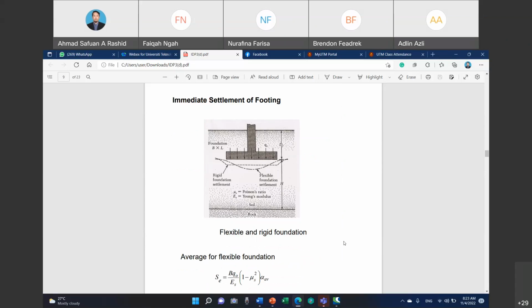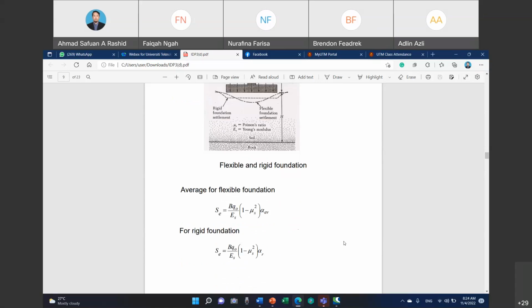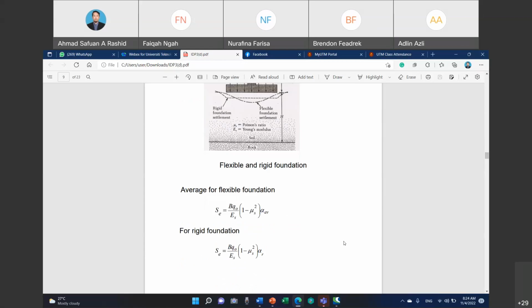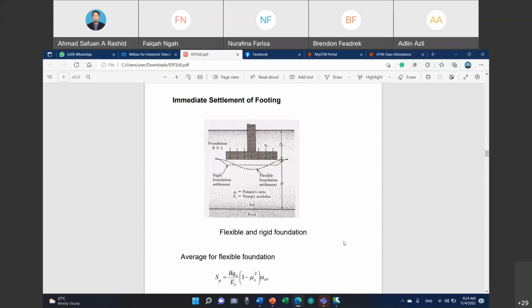Kalau purely sand, you just need to calculate the immediate settlement only. For this discussion, I will discuss only the immediate settlement under the footing on the clay layer. Sebab kalau untuk sand, you need to use the Schmertmann approach, if the foundation is resting on the sand layer.